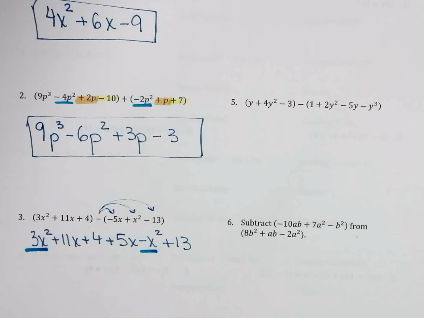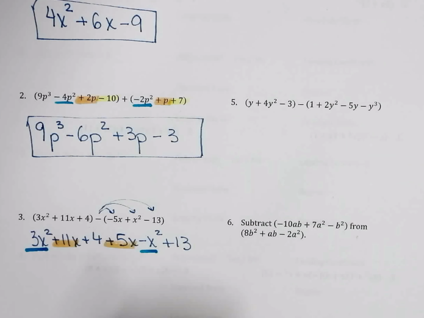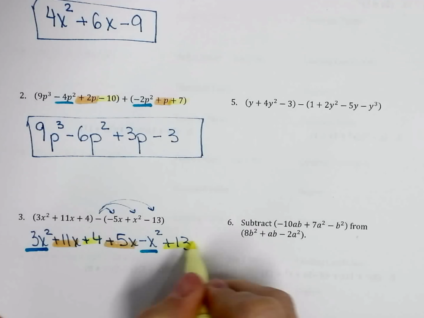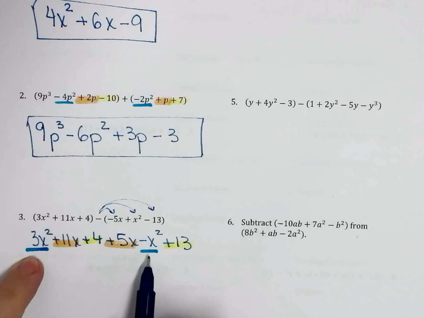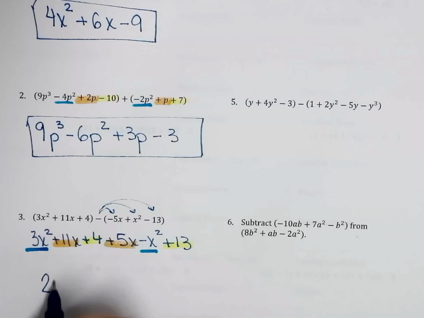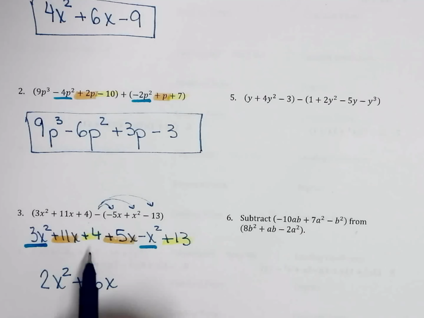So x squared, x, and the constant. So positive 3 minus 1 is 2x squared. 11 and 5 is 16x. 4 and 13 is 17.